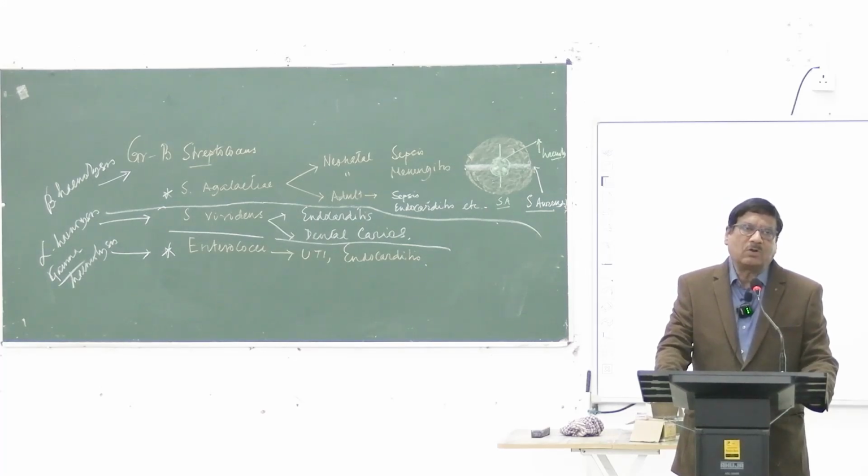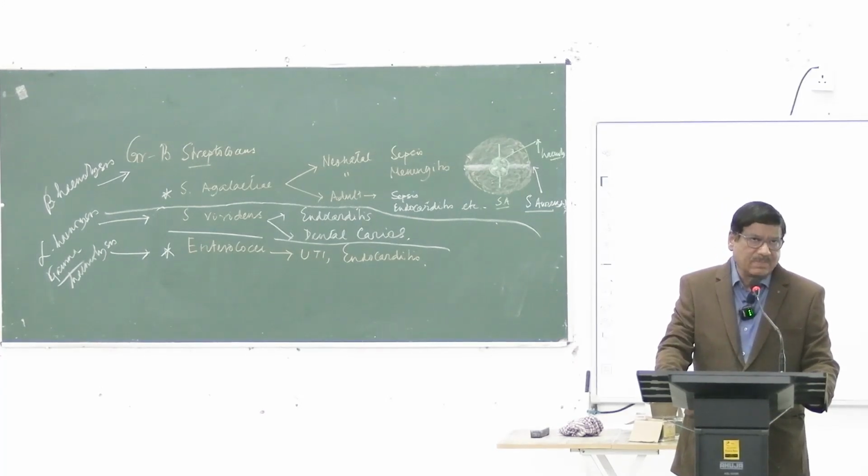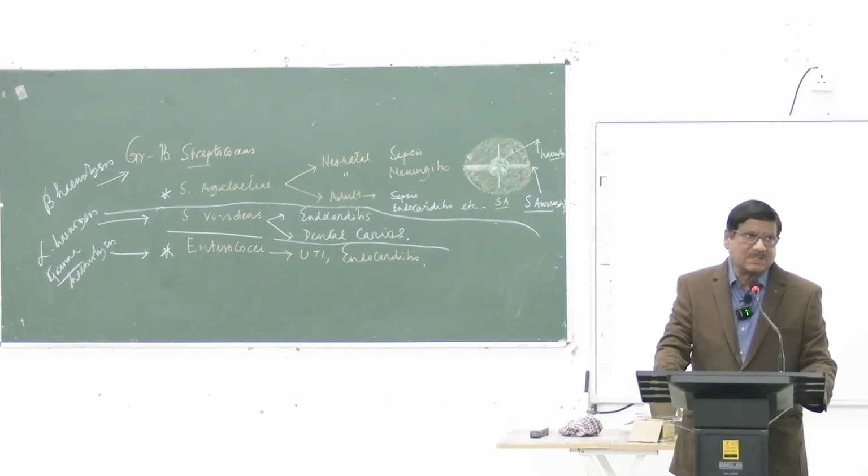Enterococci, from the name you can understand that it is normally present in the intestine. But if it enters the urinary tract, it can produce urinary tract infection, and in case of endocarditis, the endocardium is affected. The condition is grave in enterococcal endocarditis.